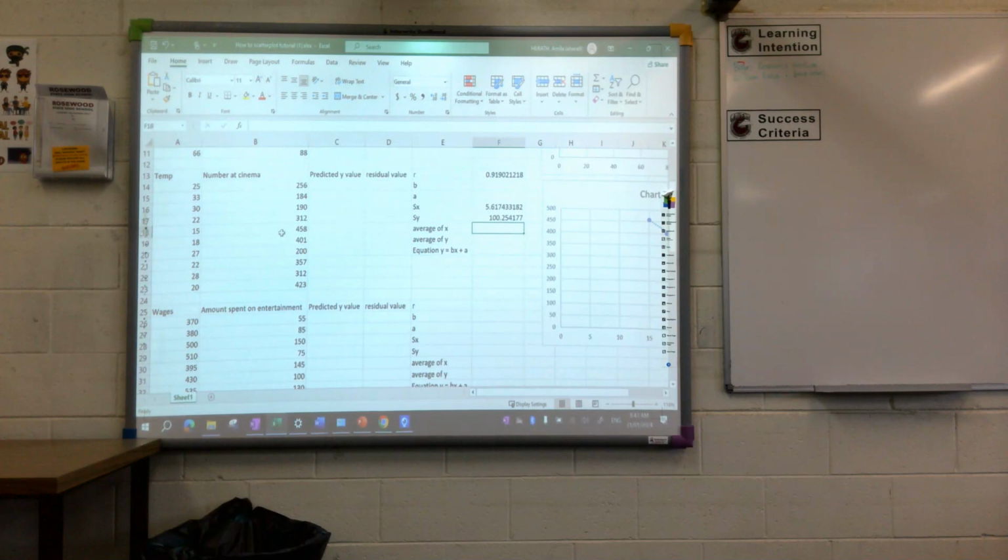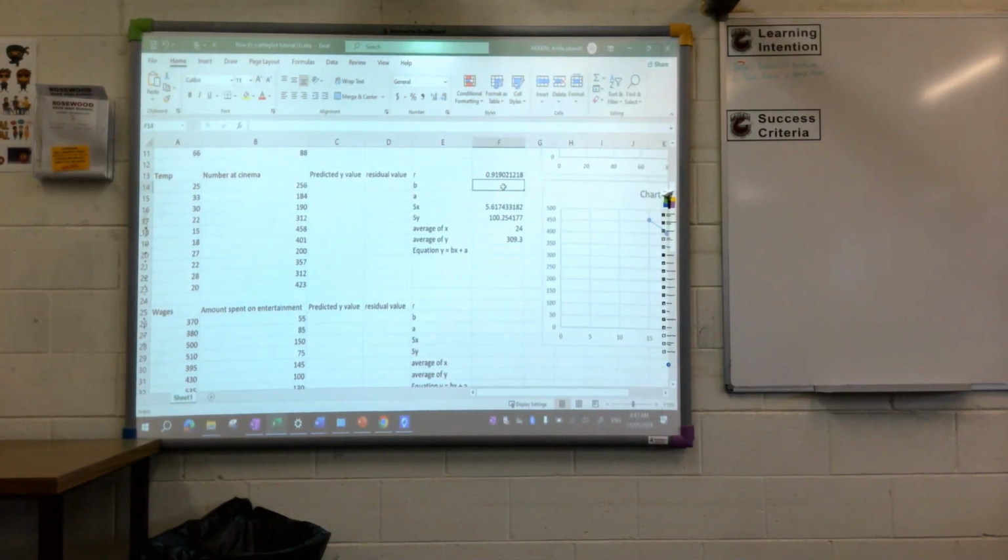Your average of x and y, again, type in average, that first function, and then highlight your x values, which is temperature, close the bracket, hit enter. For our y values, we want average again, highlight number at cinema, and close the bracket, hit enter.